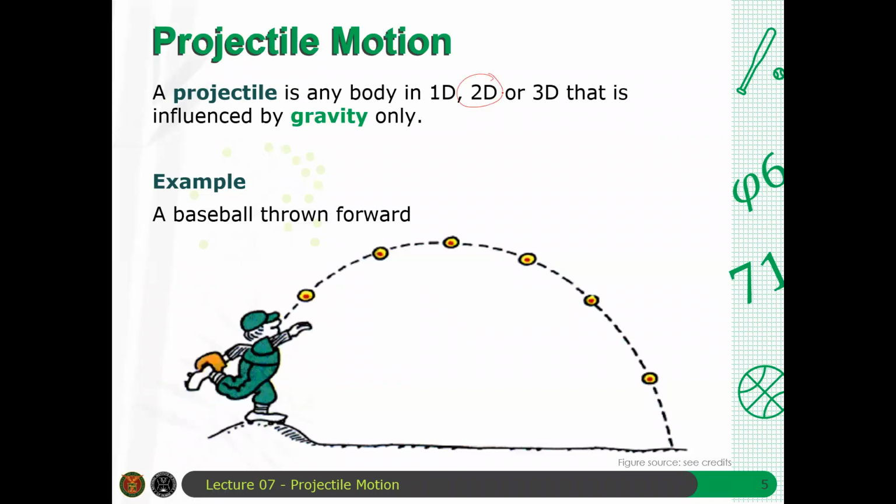Your 1D case is basically free fall. Free fall is a special case of projectile motion in 2D. Kasi doon, walang velocity in the horizontal direction. But for here, since the only force acting on the baseball is the acceleration due to gravity, then this ball here is an example of a projectile.